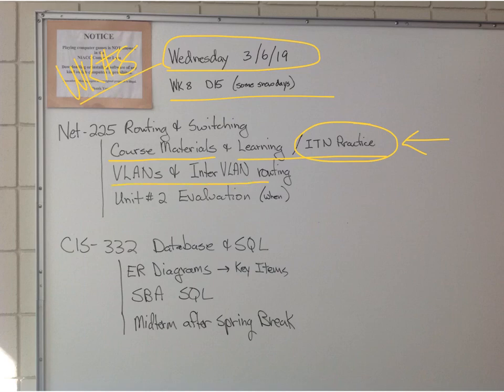We did a full day's work of VLANs and InterVLAN routing. And, this is really important, the student needs to come in and take the Unit 2 evaluation. I believe that's chapters 1 through 5, something like that. That needs to be done by the 7th, Thursday, by the end of the day.